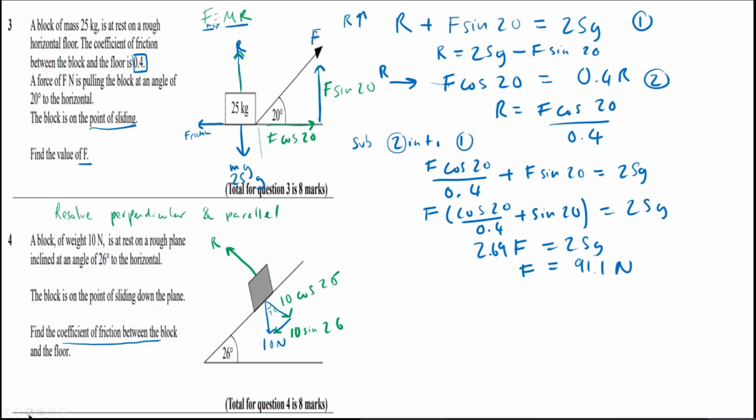And a lot of this is you might remember, some of it vaguely, but hopefully it's all coming back to you. Now, just so you know, because it's important, if the block's about to slide down the plane, friction is going that way. If it's sliding down, friction acts against. So we do start with this.